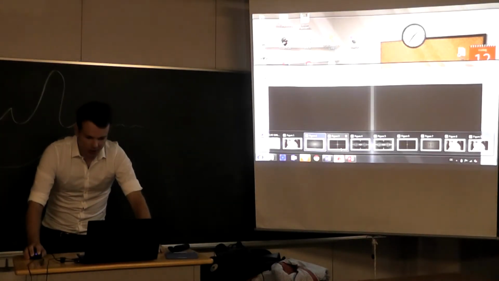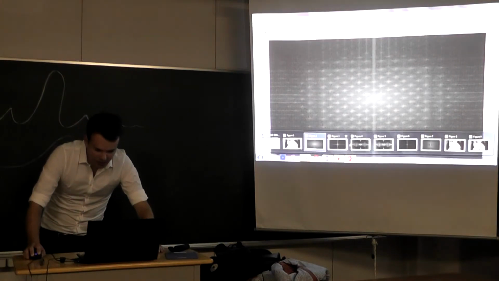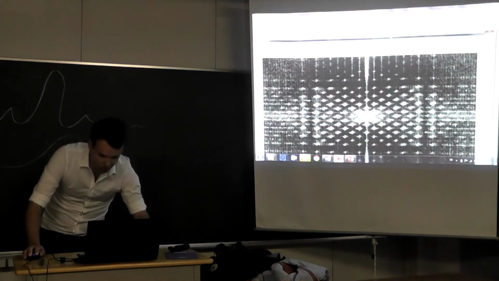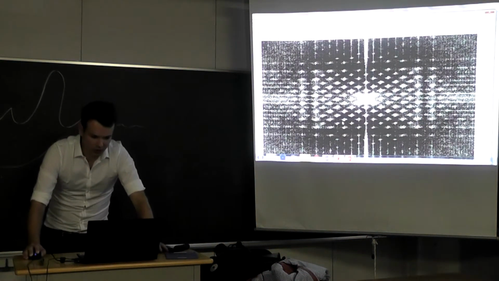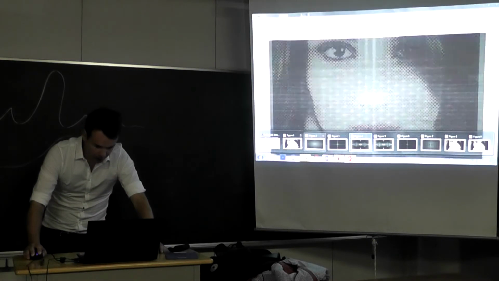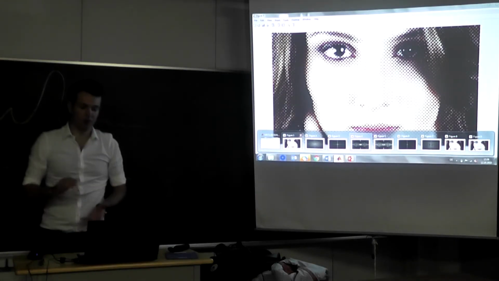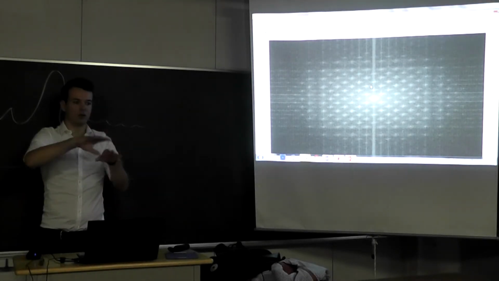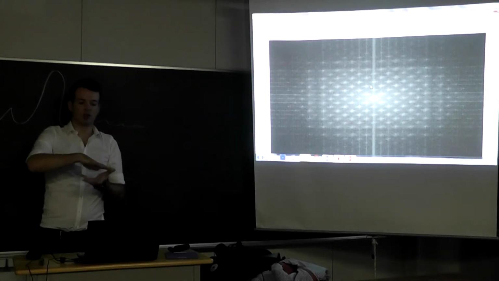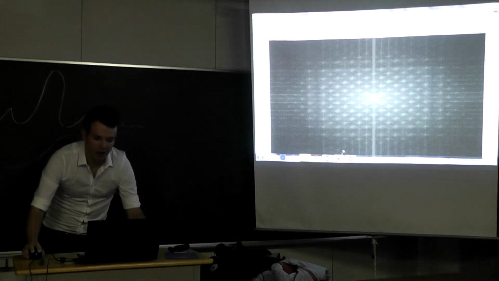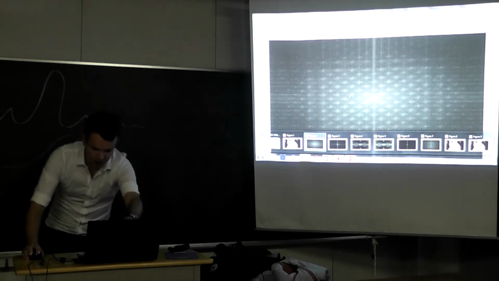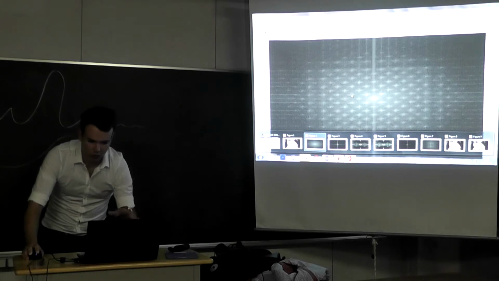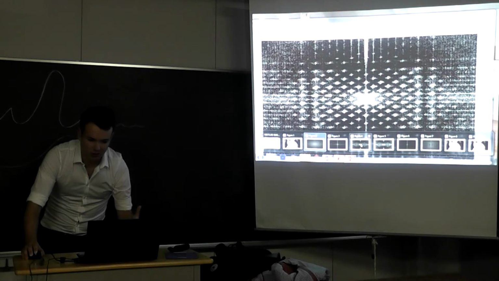And I programmed the software that detects these peaks like this. Actually, what I did is I took a blurred version of this one, so blurred that you can't see peaks anymore, and compare this image with this blurred version and divide them by each other.